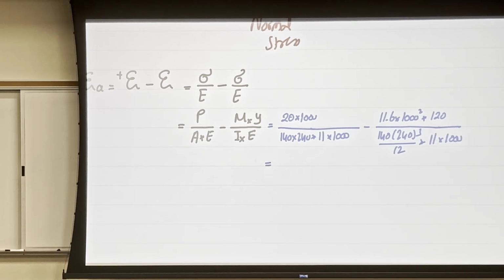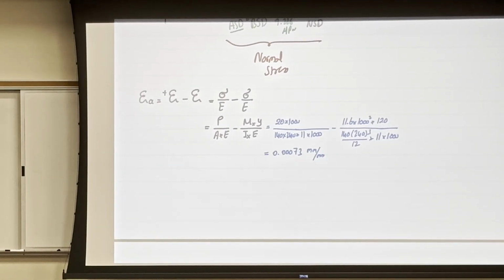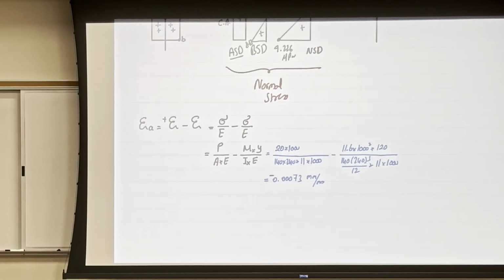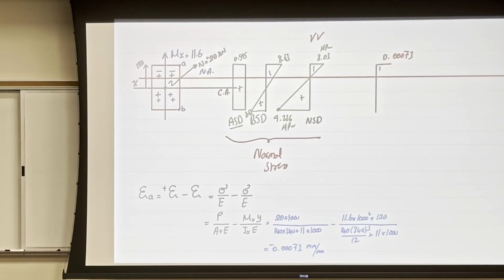What I'm getting is 0.00073, unitless because it's millimeter over millimeter. Now that was the strain at point A, which was negative, which I forgot to write, and then I will go negative here, 0.3073, and I'm going to put negative here.